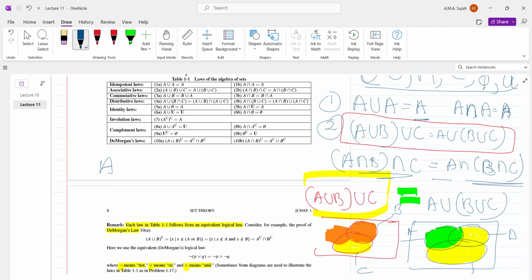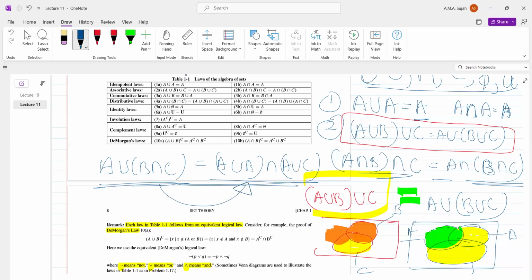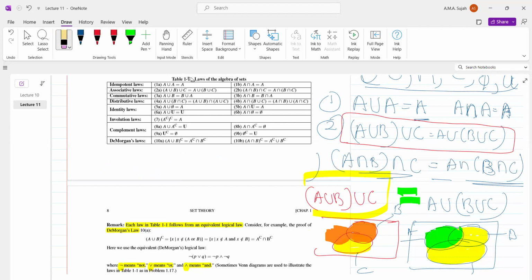If you find out A union B intersection C, in some situation, you need to write the long form, A union B intersection A union C. Sometimes you need to write these, right? Instead of this one, you need to write this one to find out the answers. That's why we are learning these types of laws, right?